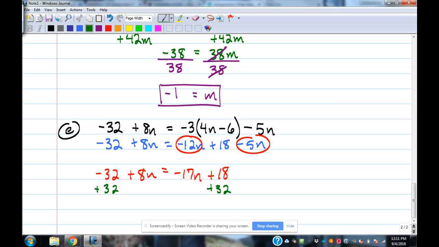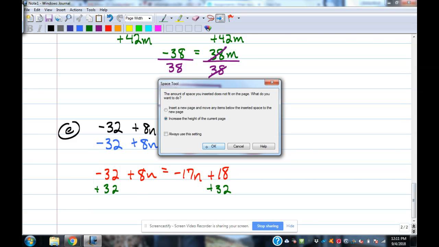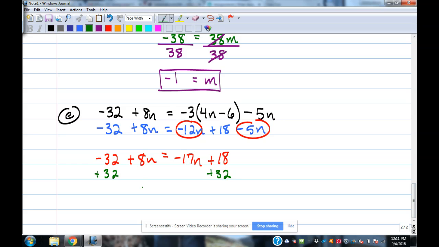Isn't that more normal math? Positive 18, positive 32 added together. It's a little easier than negative negatives. And, you know, you don't have to deal with the sign as much. So that's why I'm moving the 32 instead. So I got 8n equals -17n plus 50.